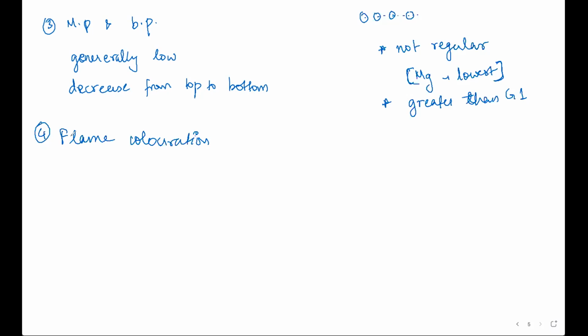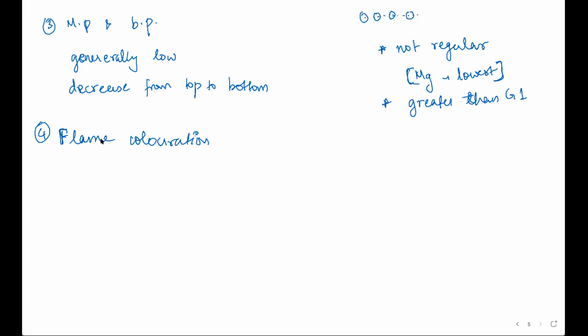Now, why does flame coloration happen? Why do metals give out a characteristic color when they're burning? It's related to the atomic spectrum, right? Yeah, correct, Mitali. It's the exact same phenomenon that happens in the spectrum.